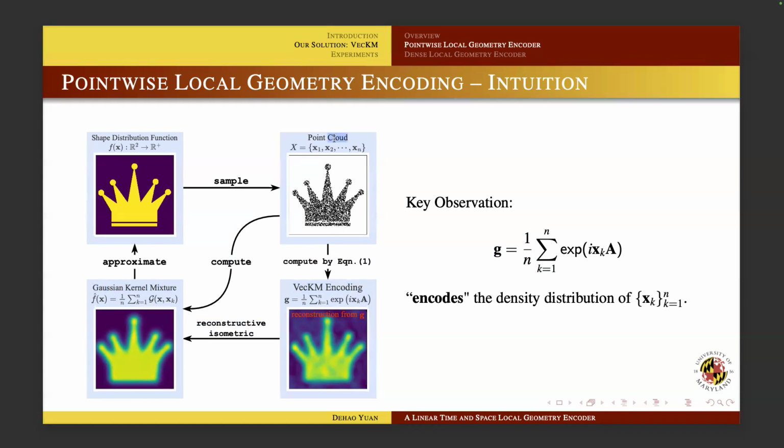Suppose you take the point cloud and compute a Gaussian kernel mixture. Here is a summation of Gaussian kernels. It will give you a distribution function, and this distribution function would approximate the original point cloud distribution. So here is a graph that illustrates the reason behind.